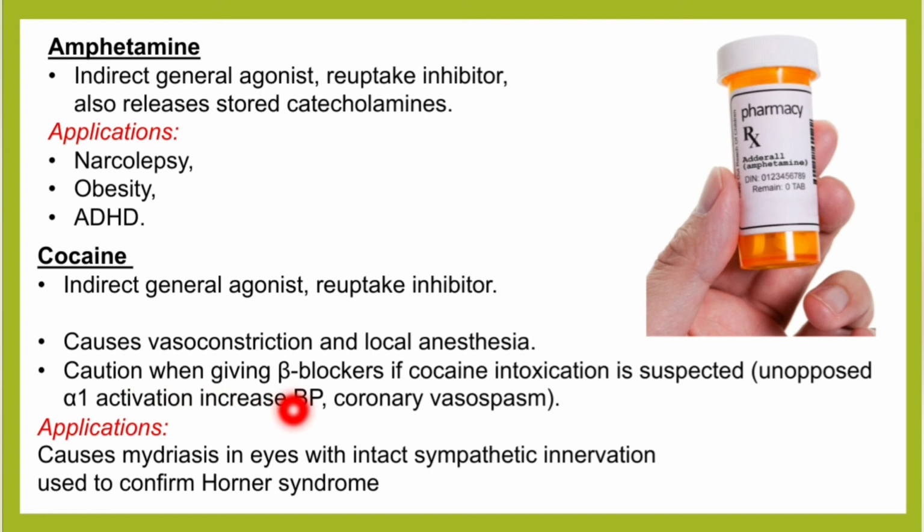Cocaine is usually abused these days, but historically, it has been used to confirm Horner syndrome. It causes mydriasis in eyes with intact sympathetic innervation, which is how it's used to confirm Horner syndrome.